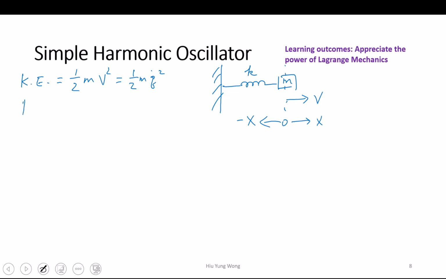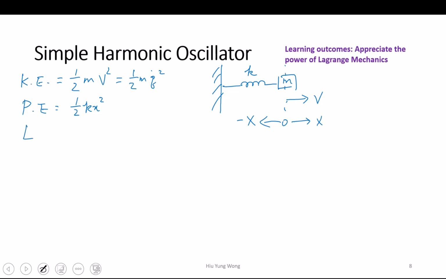How about the potential energy? I require you to just recall from your undergraduate physics: the potential energy due to a spring is what? Half kx squared. That's the potential energy. Because you stretch it to the left or to the right, you do have this potential energy.